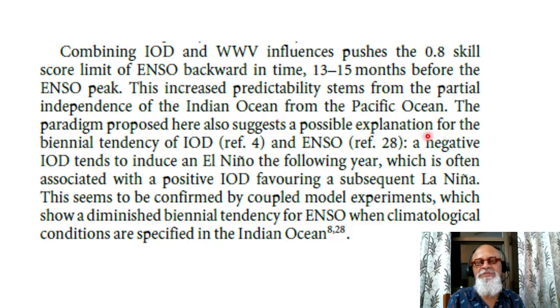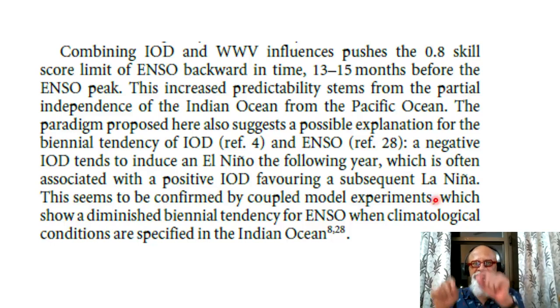This increased predictability stems from the partial independence of the Indian Ocean from the Pacific Ocean. Keyword: partial independence of the Indian Ocean from the Pacific Ocean. The paradigm proposed here also suggests a possible explanation for the biennial tendency of IOD and ENSO. A negative IOD tends to induce an El Nino the following year, which is often associated with a positive IOD favoring a subsequent La Niña.